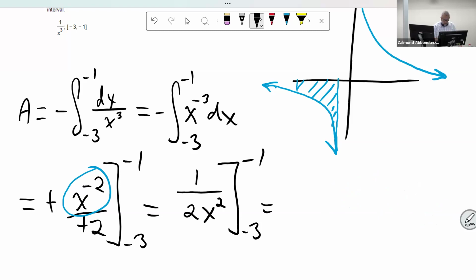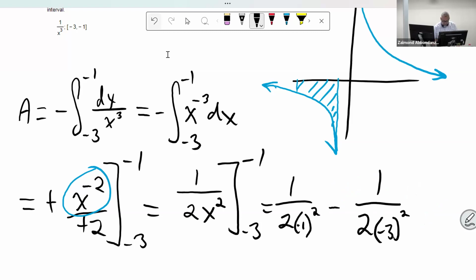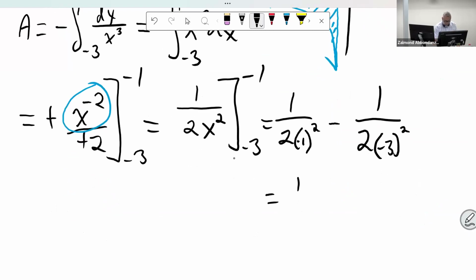Okay. And then I'm going to plug in my upper bound and my lower bound. So 1 over 2 times -1 squared minus 1 over 2 times -3 squared equals 1/2 minus, what is that, 1/18, is that right? 18 minus 2 is 16, 36, is that right?